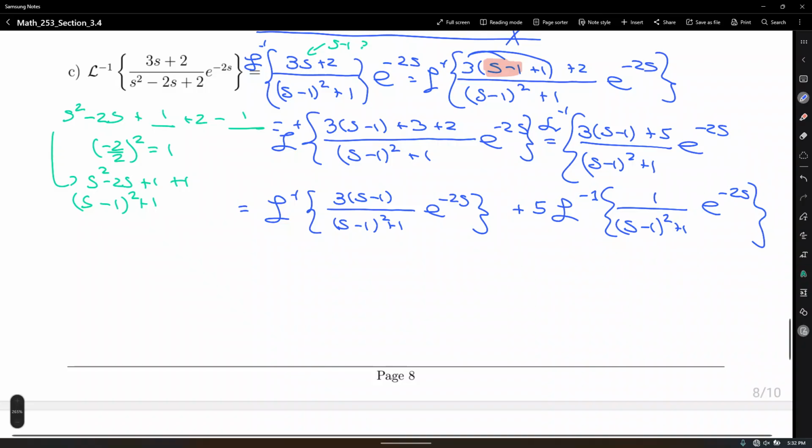Remember the treatment we did to the inverse transform when we had the first translation theorem. I'm going to simplify the notation.